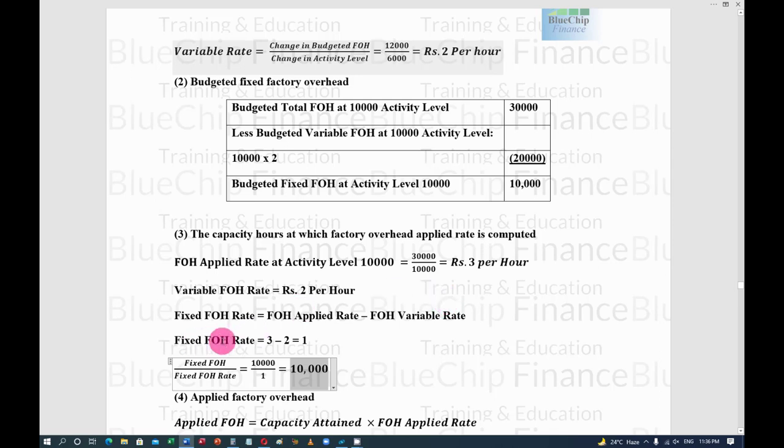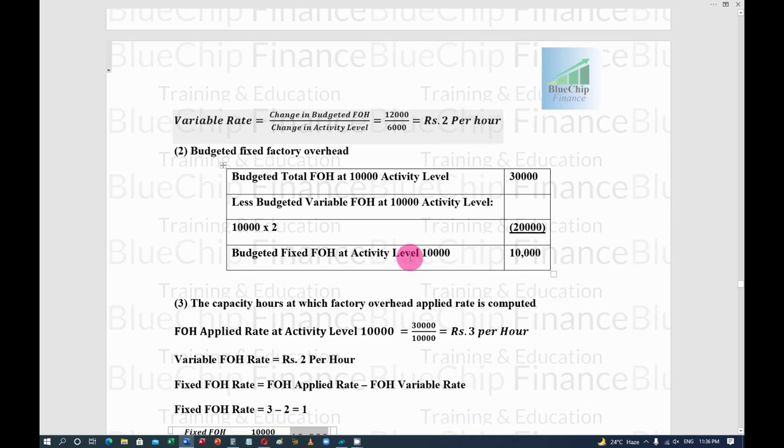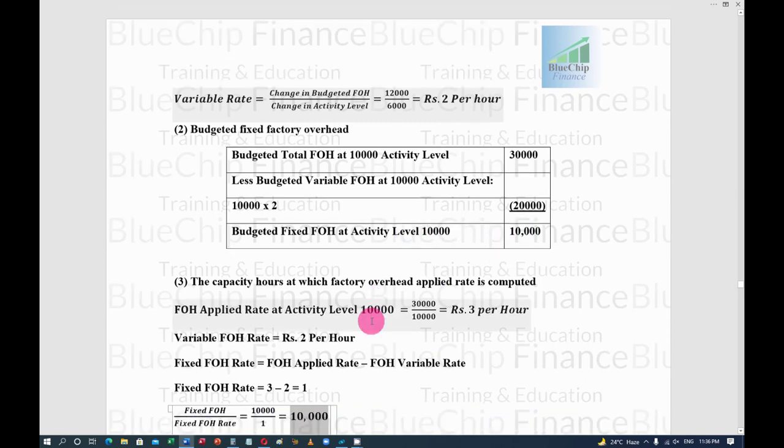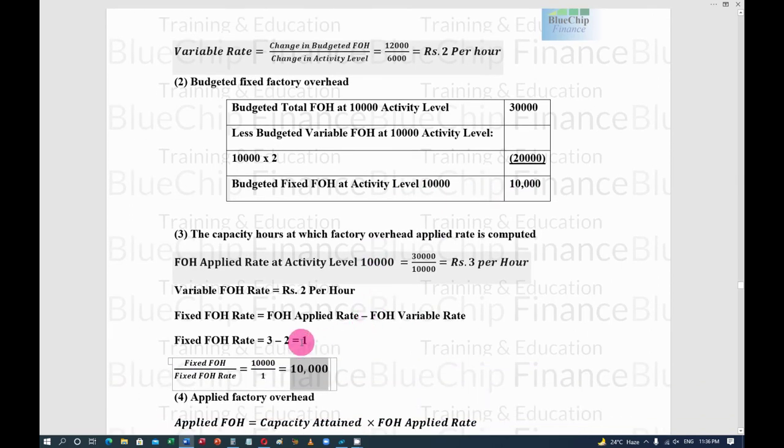So the fixed FOH rate equals 3 minus 2 equals 1. And what is your fixed FOH? The fixed FOH we calculated here equals 10,000 and the fixed rate is 1. So 10,000 divided by 1 equals 10,000. So the capacity hours at which the factory overhead applied rate is computed is 10,000.